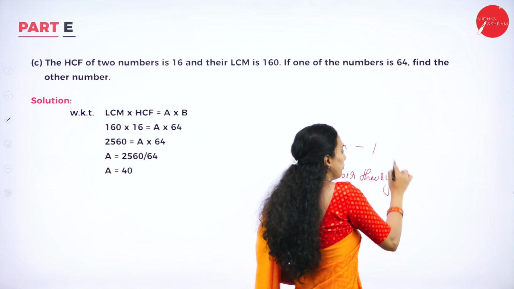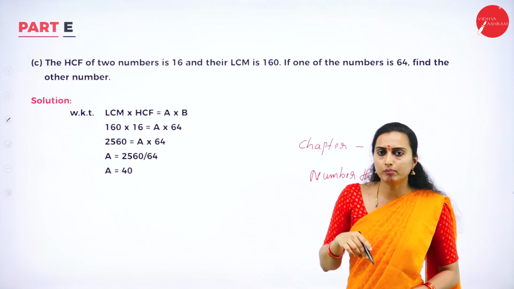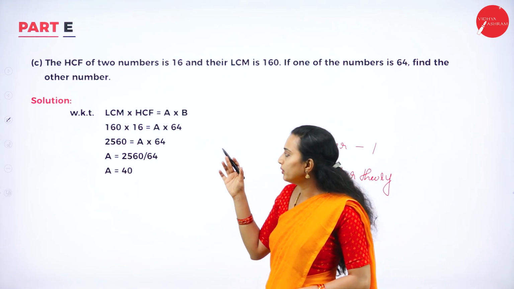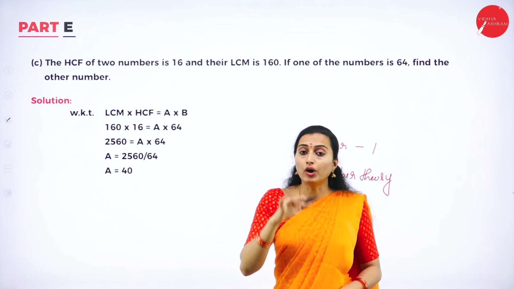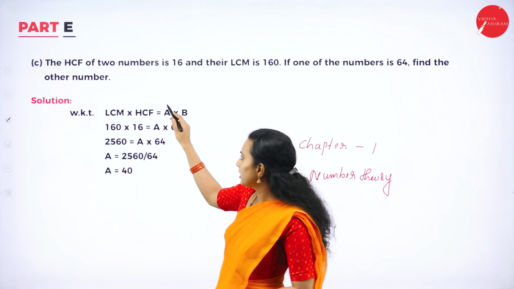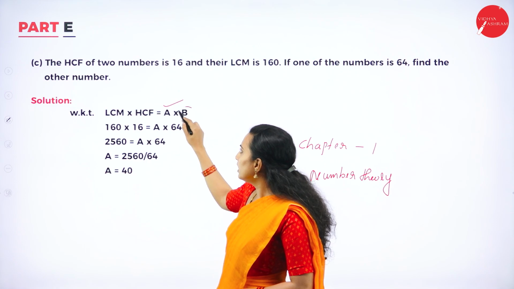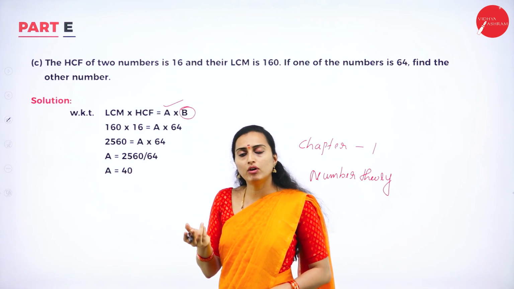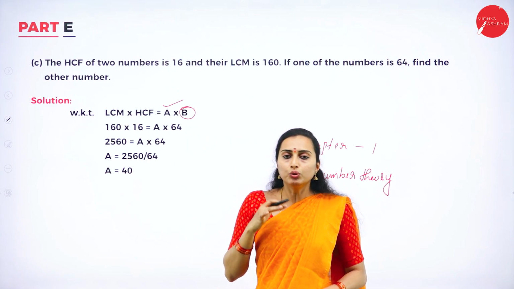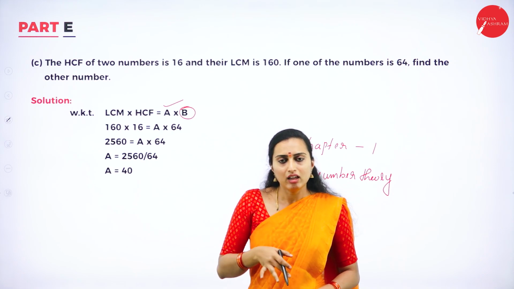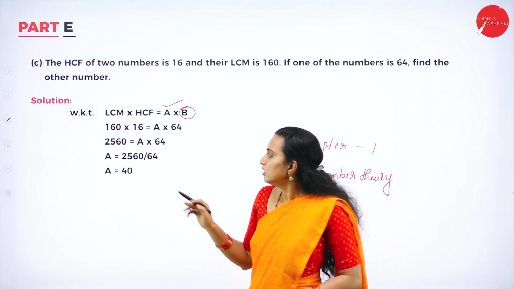So you know the formula, HCF into LCM is equal to A into B. I want to find out the number that I am considering as A, and the given number I have taken as B. If you want, you can do it the other way around.